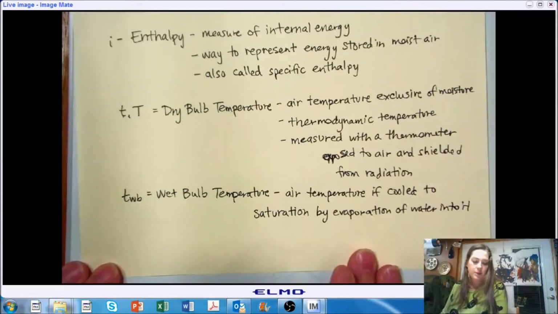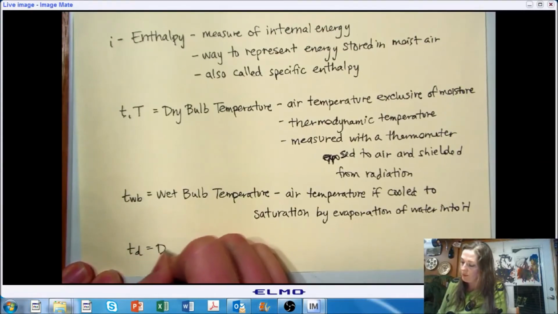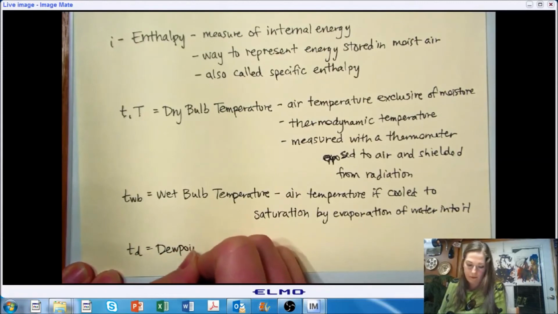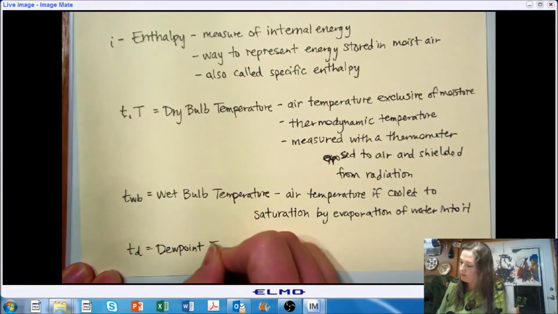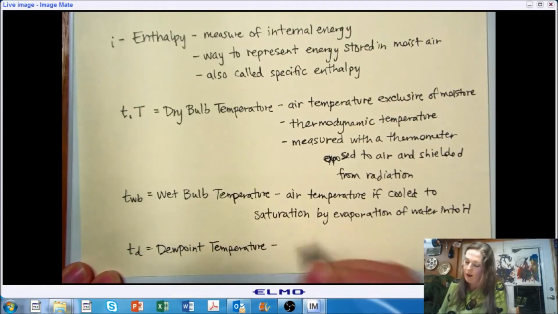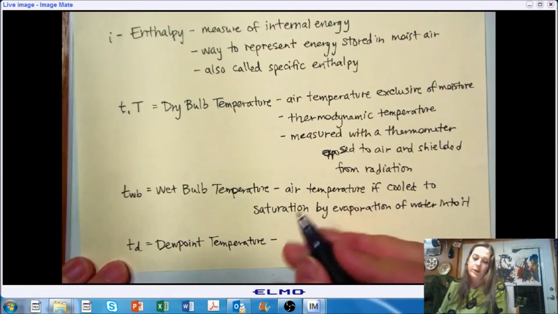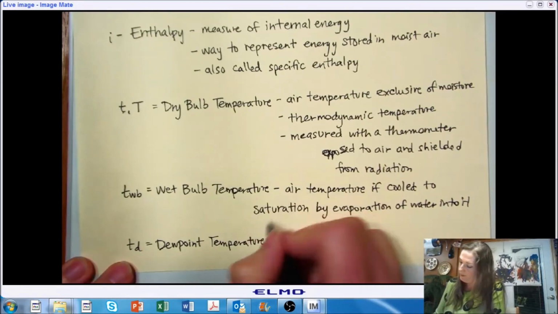Okay, and the last measure of temperature that we're going to look at is called the dew point temperature. And the dew point temperature occurs at the point at which moisture condenses out of the air.